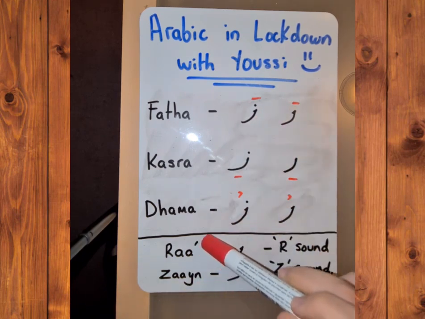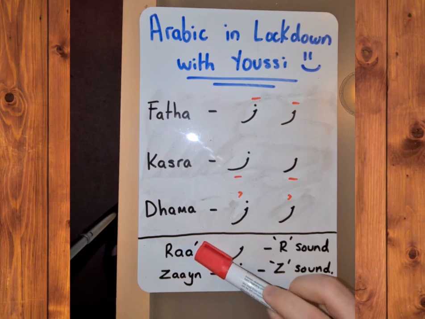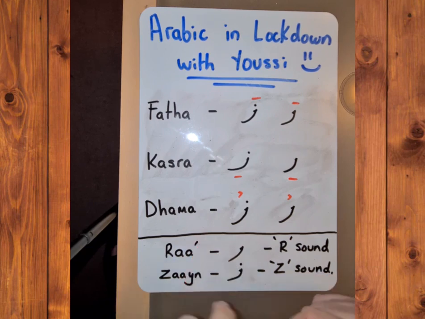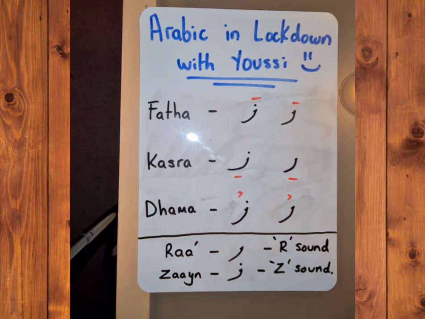But if we look down here a second, if you listen to how I pronounce Ra, there's a bit of a stress at the end of it. You don't have to stress it as much as I've just done. I've only done that to allow you to hear it properly. But it's pronounced Ra. And that stress at the end of it is represented by this little apostrophe. So I've put the apostrophe there so that you can remember that that's how it sounds.